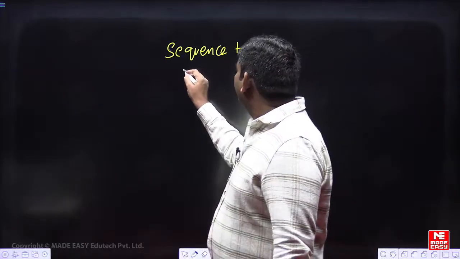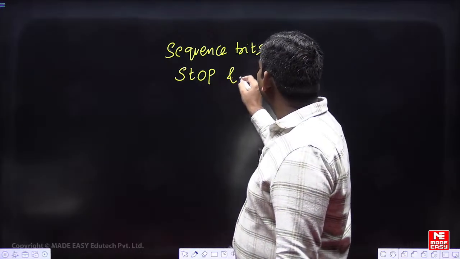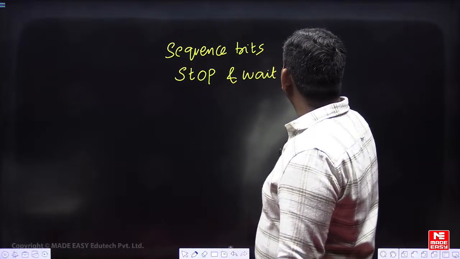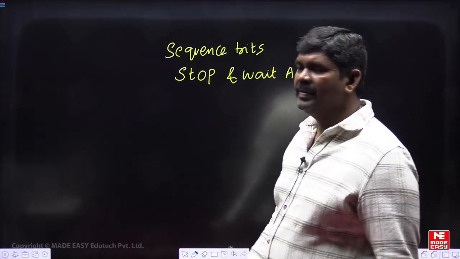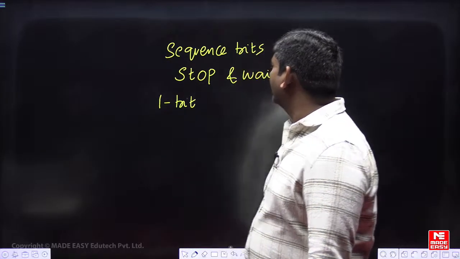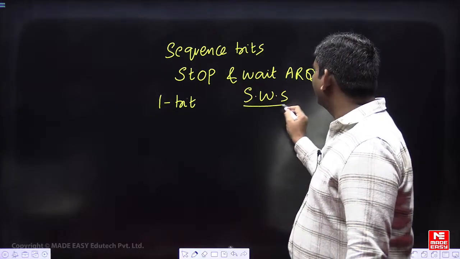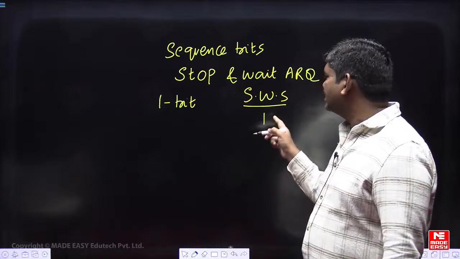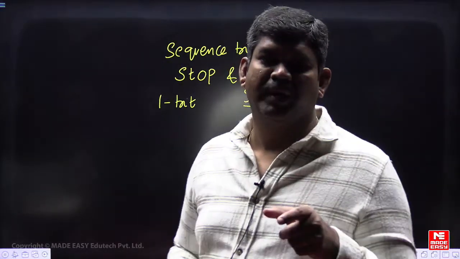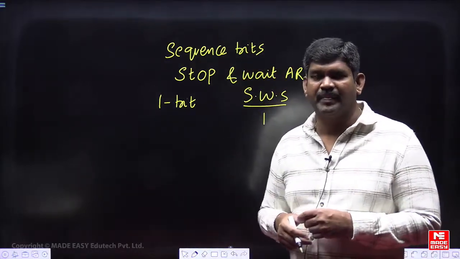Suppose you are using a protocol like stop and wait ARQ, so you are going to transmit only one frame. If I have taken one bit as the sequence number, the sender window size will be 1. Sender window size 1 indicates the frames which you transmit in the round trip time, that is, you are going to send only one frame in the round trip time.